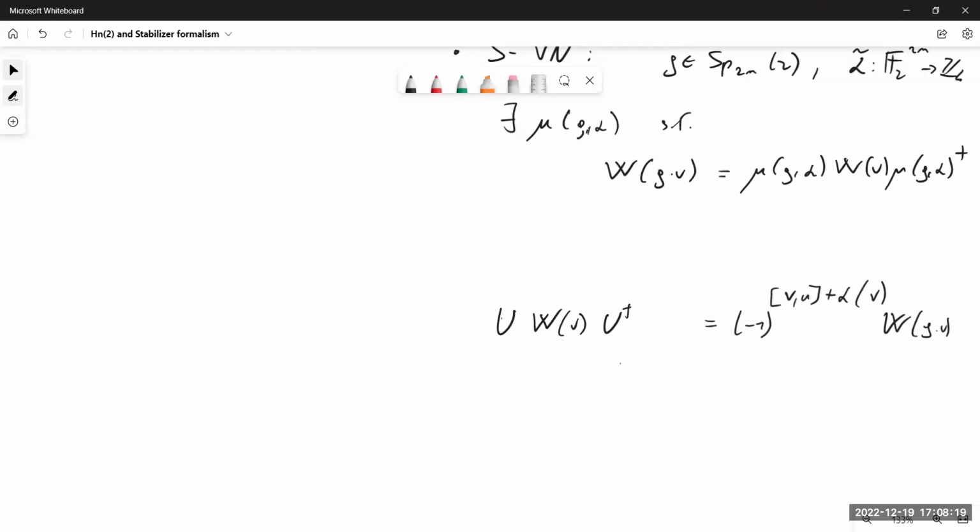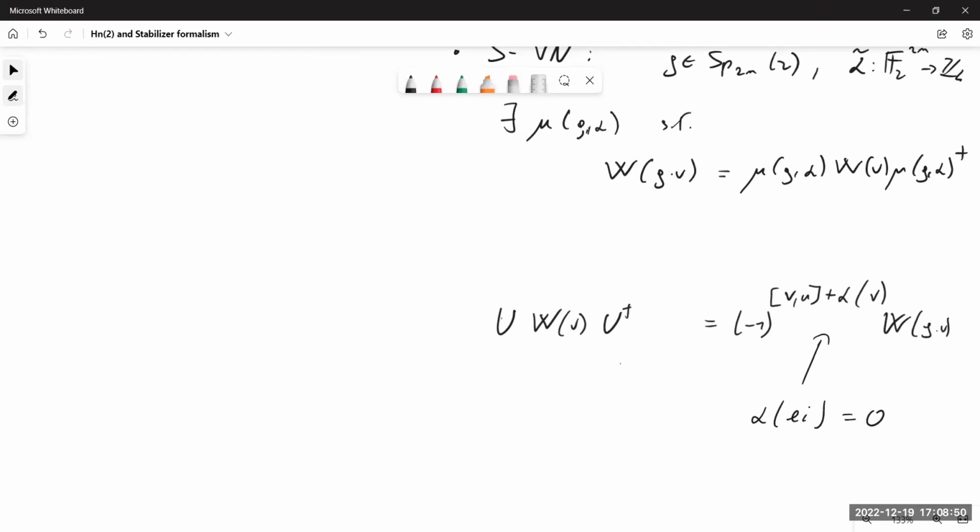If you stay in this very concrete case here, you just fix the value of alpha on a basis. So, for example, you can choose alpha of E_i to be 0. This is allowed, but that does not mean that alpha is 0 on every vector, basically, because actually this function is not linear.